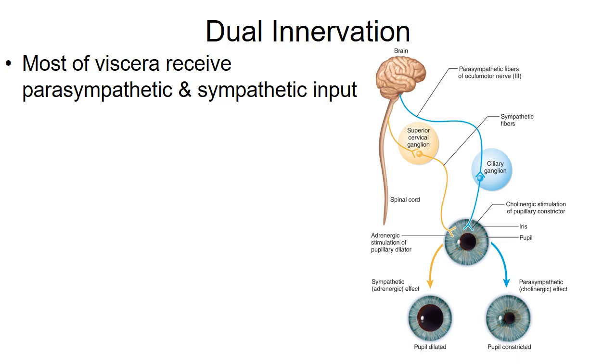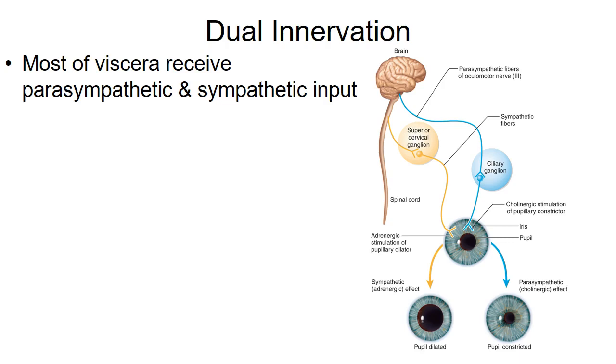All right. So another dual innervation is the pupil reflex, right? So here, you're out and about and you run into a bear, right? Sympathetic nervous system gets activated. Your pupils are going to dilate, right?